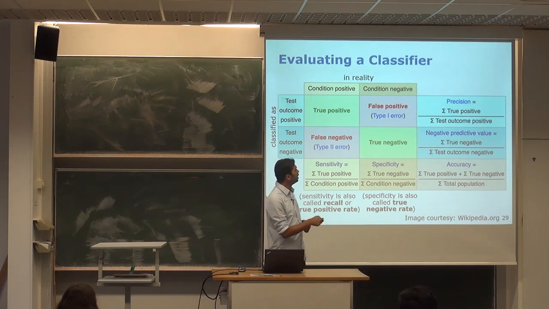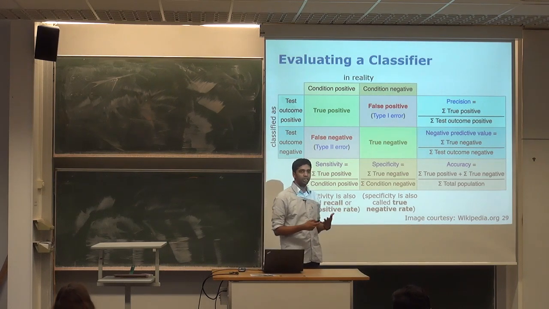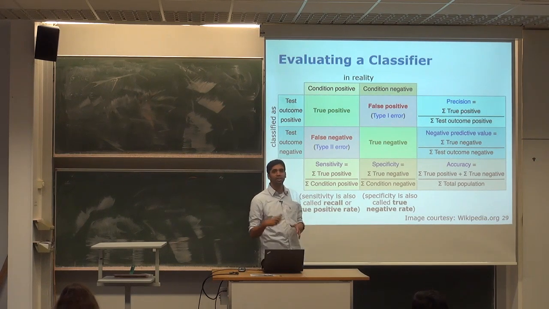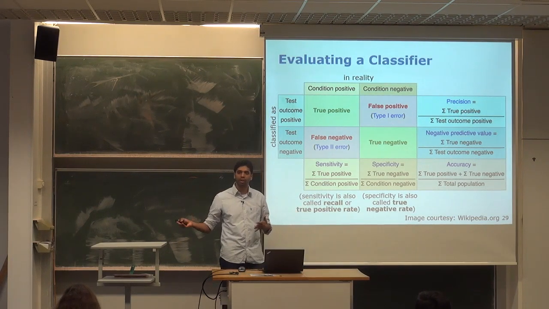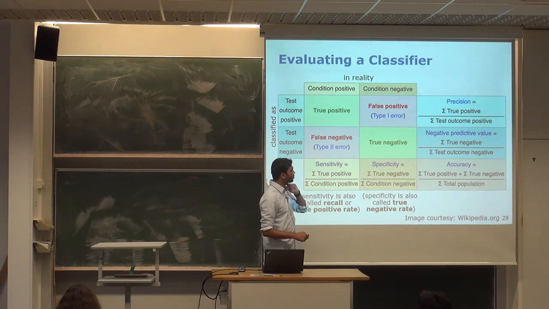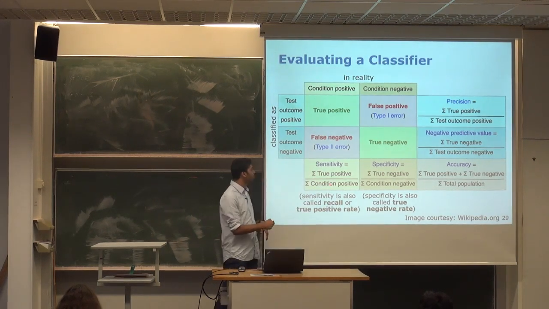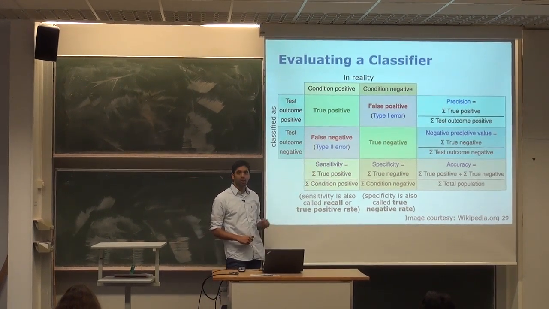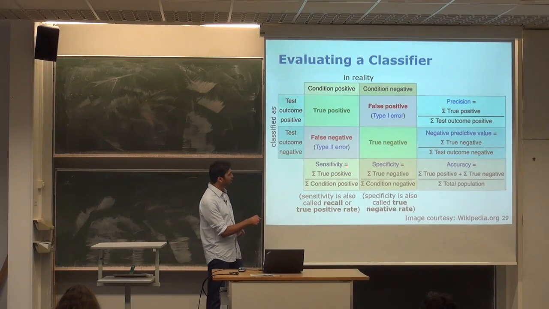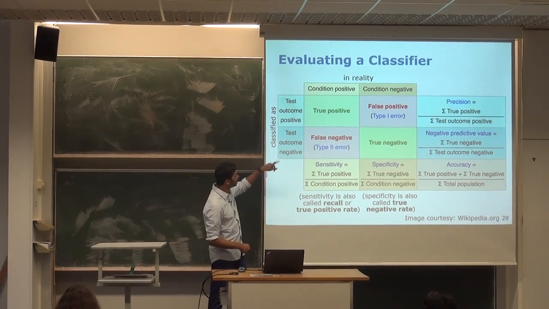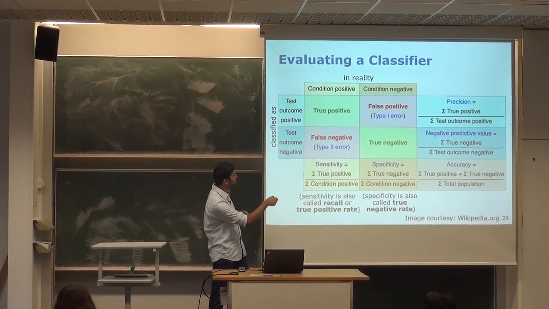For example, you could compute what is called precision, which is the sum of all the true positives divided by the sum of all the positive outcomes. Similarly, you could compute what is called sensitivity, which is in some literature called recall. It is the sum of all true positives divided by the sum of all conditional positives, which is essentially the sum of this column here.